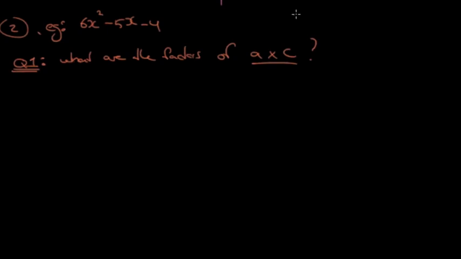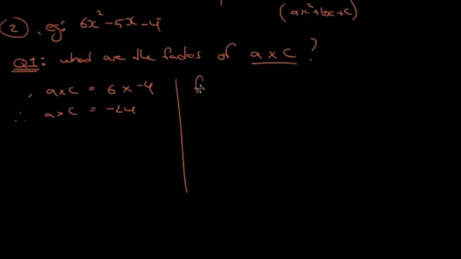And so, if we remember, we're ax squared plus bx plus c. So now a, in this case, is 6, and our c is negative 4. So we can say a times c equals 6 times negative 4. Therefore, a times c equals negative 24.